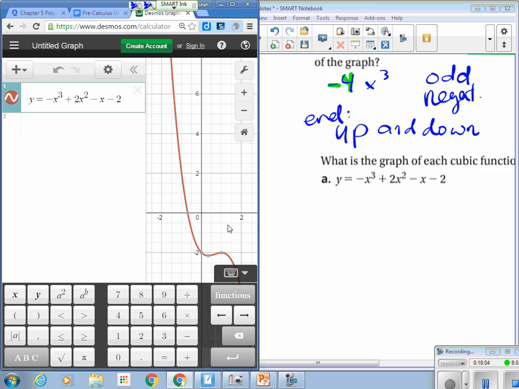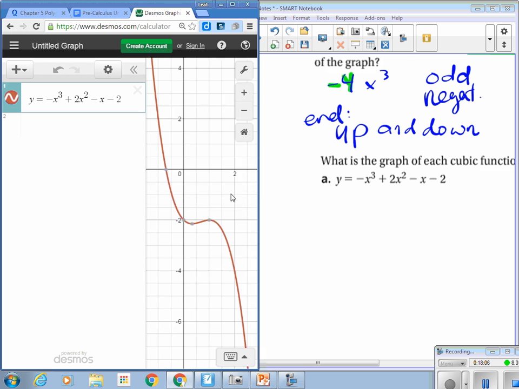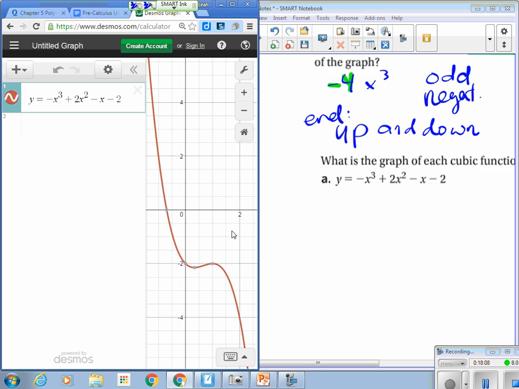All right, so we're going to zoom in on the essentials. So as you can see, we are decreasing until 0.33, negative 2.148. So we have a turning point. Let's make sure we write that down.